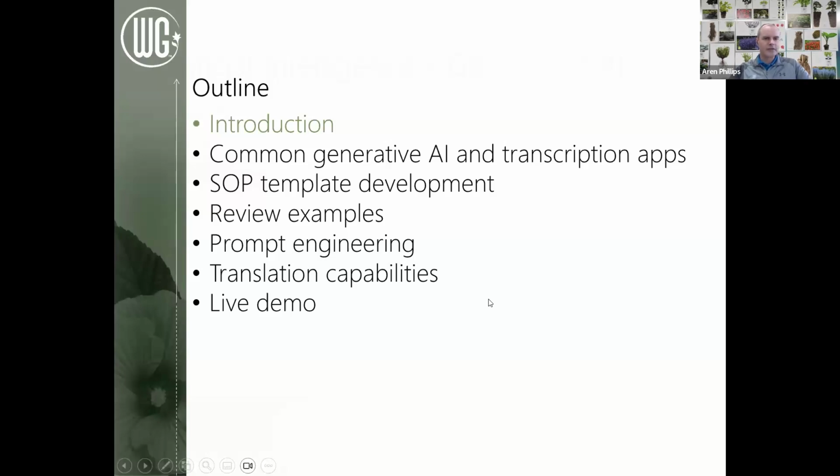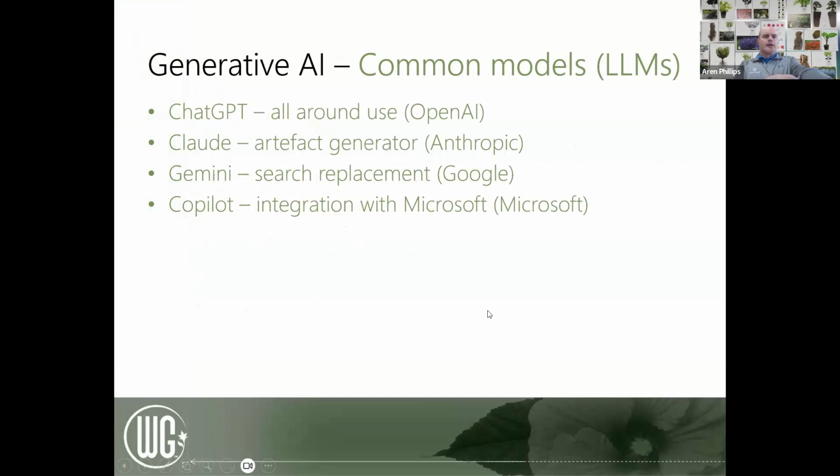Okay, so let's talk a little bit more in detail about generative AI. There are about 4 main generative AI user interfaces out there right now. When you're talking about, and I'm going to throw a term out there, LLMs, okay? LLM is large language model.